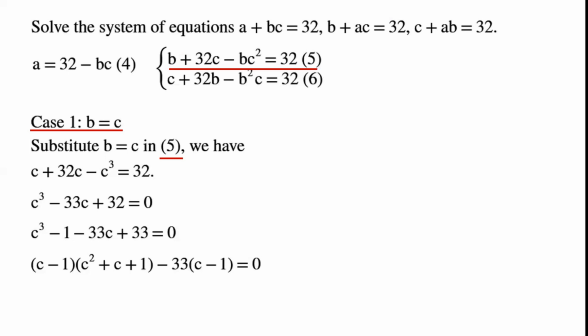The third and fourth terms can be factorized, and we can now write minus 33 times (C minus 1).